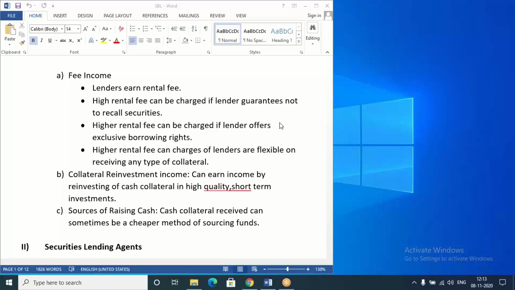He can charge a high rental fee if he guarantees not to recall the securities. He can charge high lending fees if he's exclusive in lending, meaning he's only loaning to a certain number of borrowers. He can charge a higher rental fee if he is flexible on receiving any type of collateral. Is this clear?